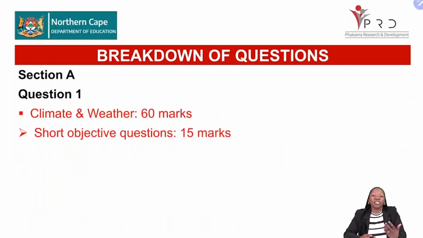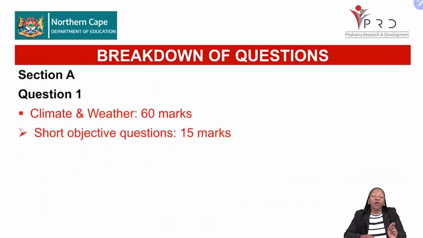Remember your questions, they come as figure 1.1, figure 1.2, figure 1.3, figure 1.4, and figure 1.5. So your short objective questions you should expect from figure 1.1 and your figure 1.2. If figure 1.1 has 8 questions, meaning from 1.1.1 up to 1.1.8, your figure 1.2 will have 7 questions.